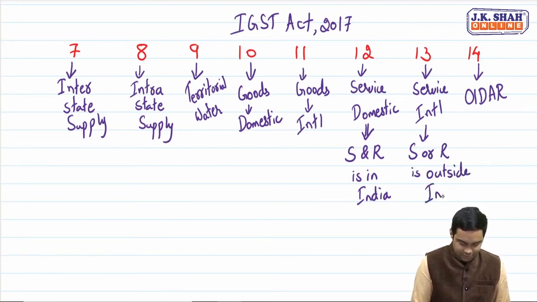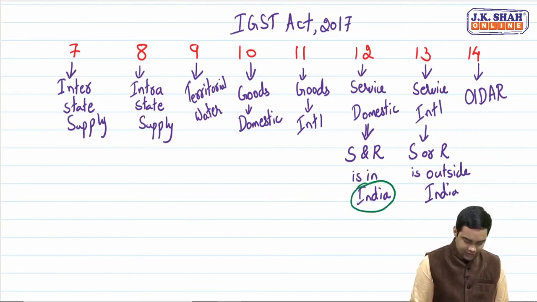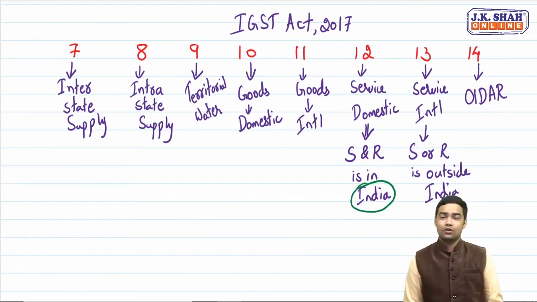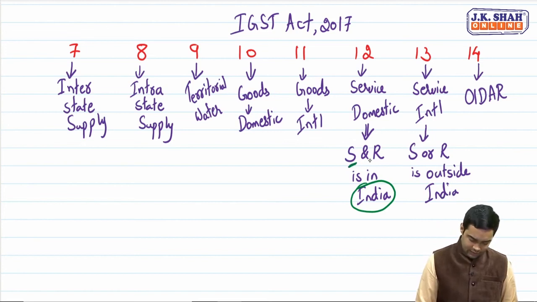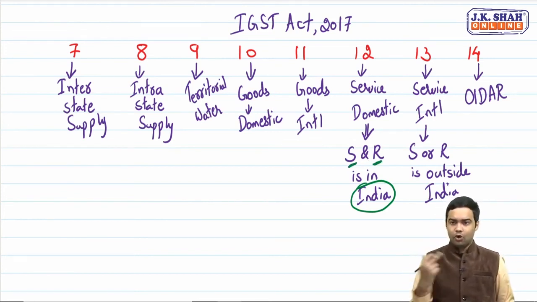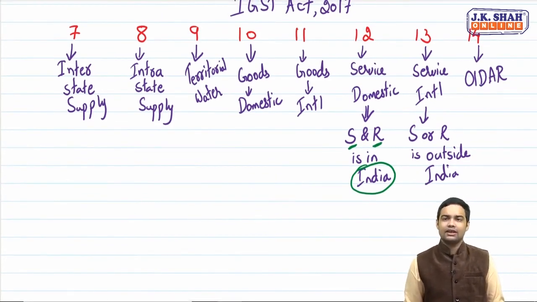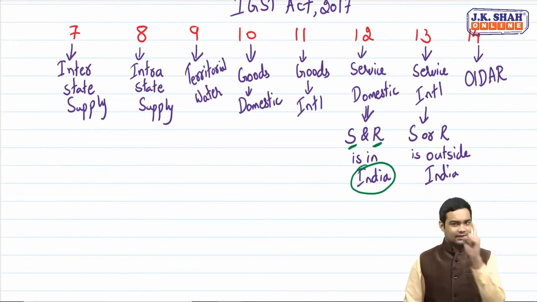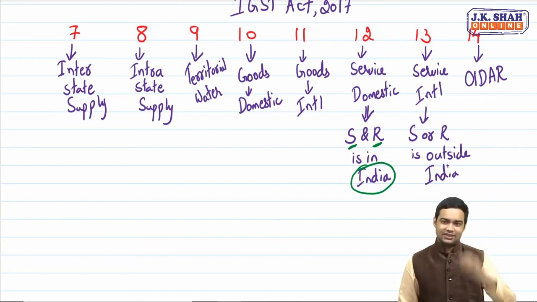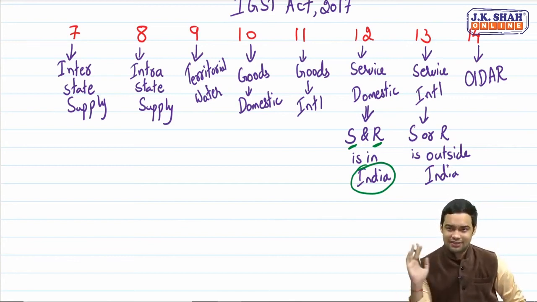Now what does this mean? We are very clear with one thing. If both are in India, then it is covered under section 12. Supplier as well as recipient. If one of them or both are outside India, then it would be a transaction covered under section 13. Supplier is outside, section 13. Recipient is outside, section 13. Both are outside, again it would be covered under section 13.